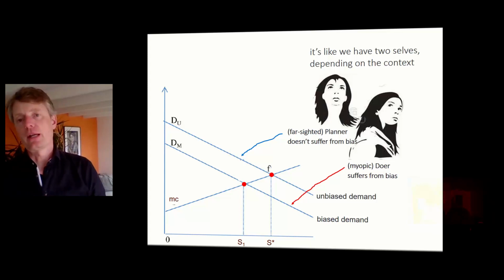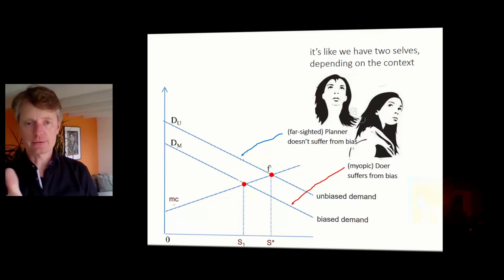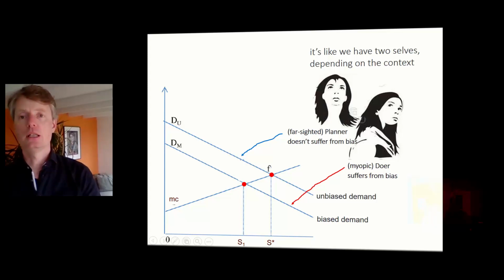But then we also have another self, which is a myopic doer, and this myopic doer does suffer from bias and may not follow up on their plans, and some of them are actually going to be between S1 and S star, so they are not going to study during the semester, even though it would be in their own best interest.